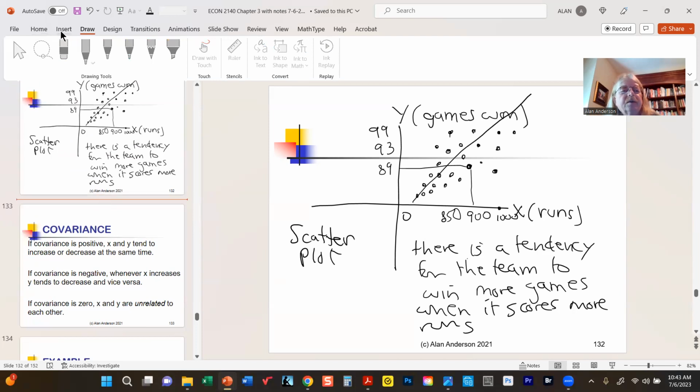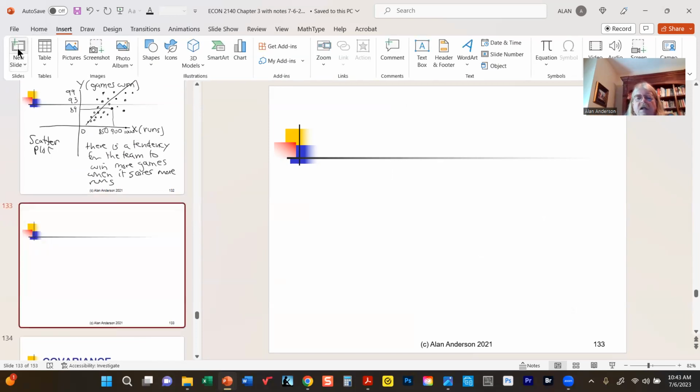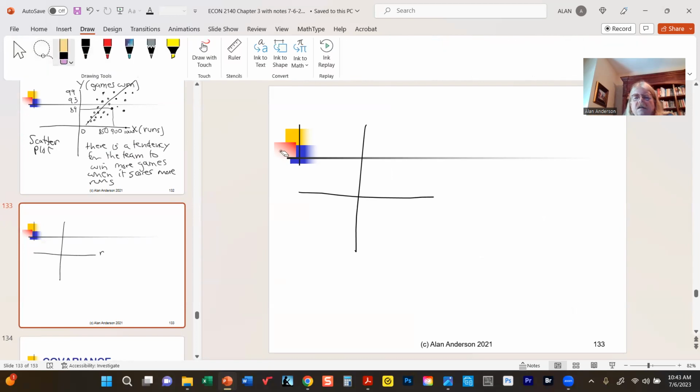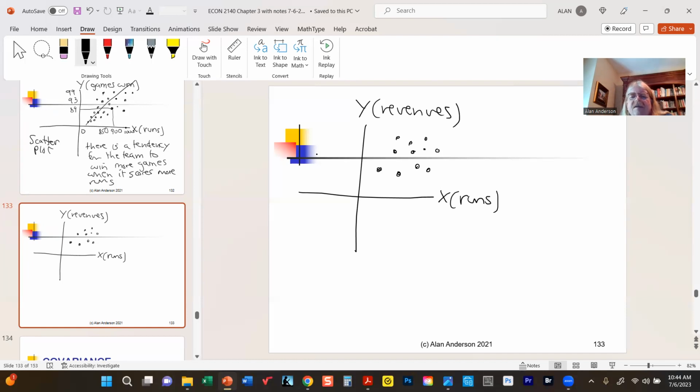We could imagine, for example, that we're analyzing the relationship between runs and revenues for the team. It's very possible that there is no relationship there at all. Although I guess in practice, teams that score a lot of runs are more exciting and maybe that would bring in more money. But if there's really no connection there, then the points would be sort of randomly scattered about, and any line you drew through here would be flat.